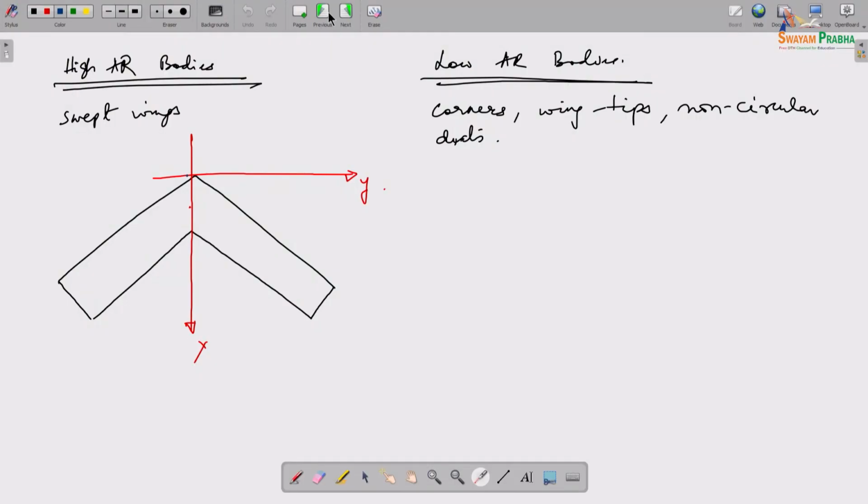These are swept wings, and so we have to classify this, and immediately what we have is low aspect ratio bodies. For these, however, this is not applicable. If you move along x and y, there will be a non-infinitesimal change in the gradients, so the gradient cannot be disregarded.